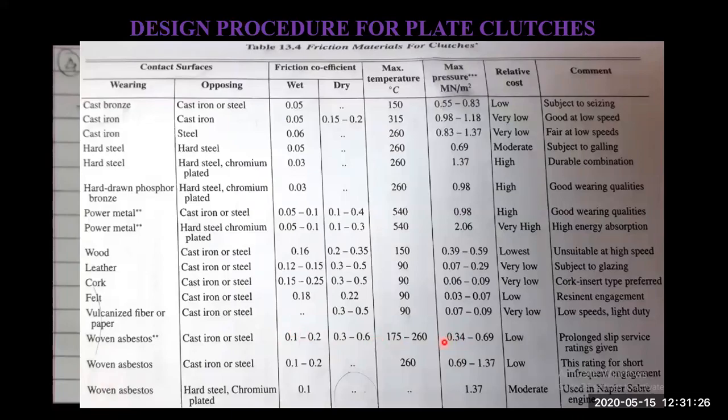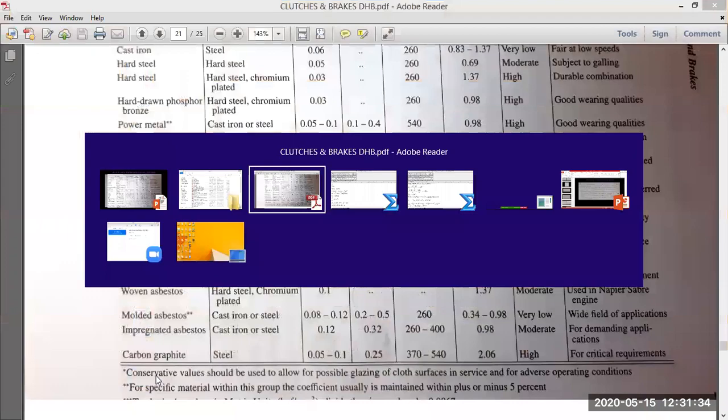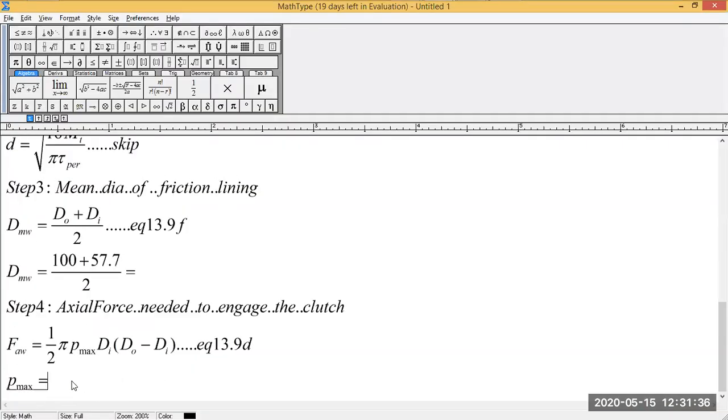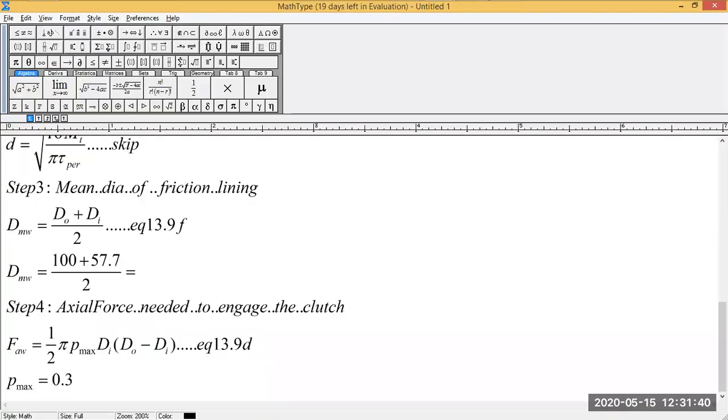And for maximum pressure, we'll use this data, 0.34 to 0.69. This is the same which we took in the previous problem. We'll make an average of this.